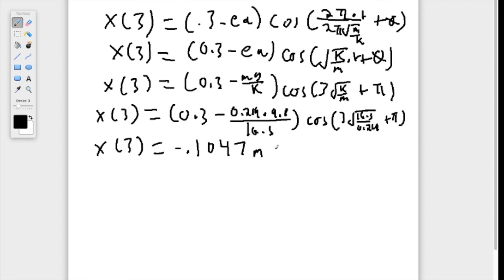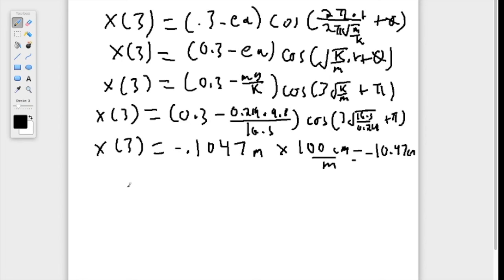But because the answer is going to be in centimeters, we have to convert that. So then we should get an answer of negative 10.47 centimeters. All right. So next we're going to have to find the velocity at time equals 3.